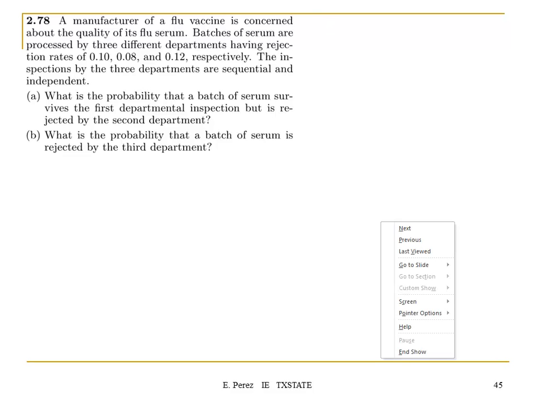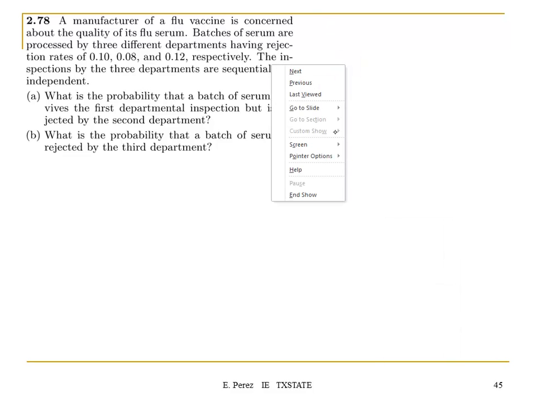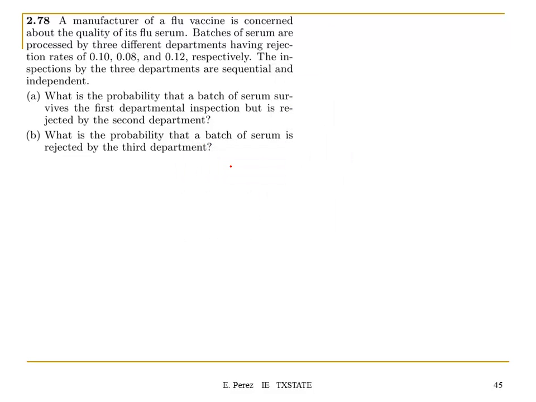If we call department A, B, and C, the probability of A complement equals 0.10, probability of B complement equals 0.08, and the probability of C complement equals 0.12.